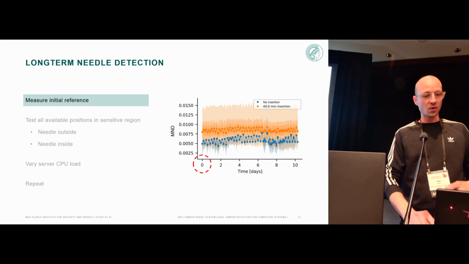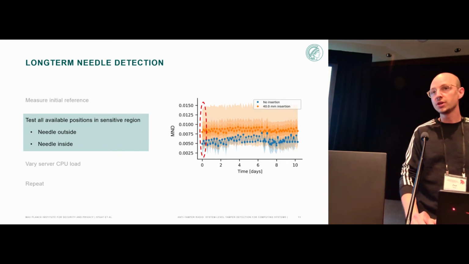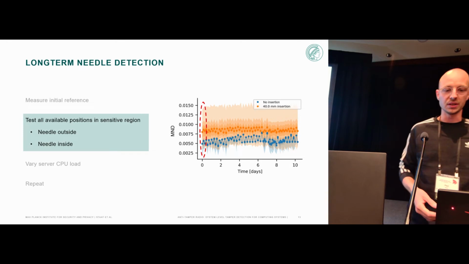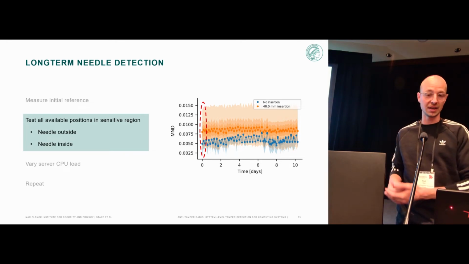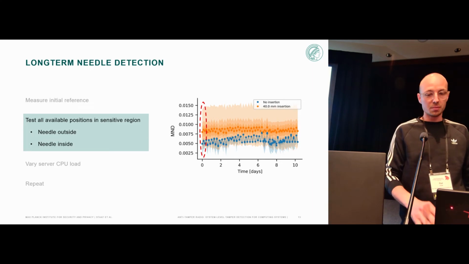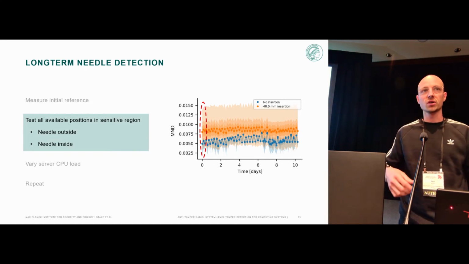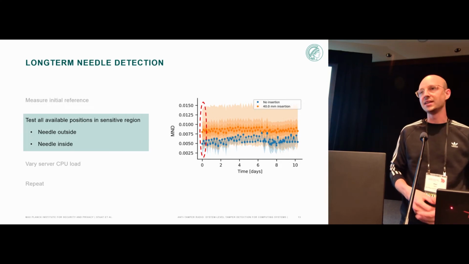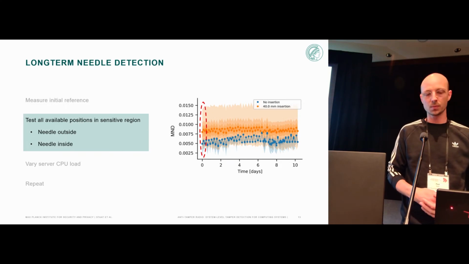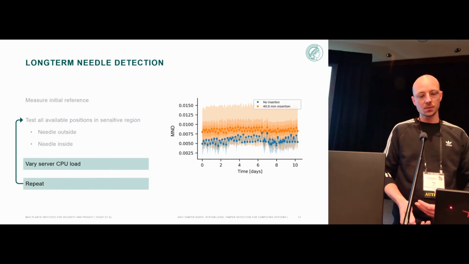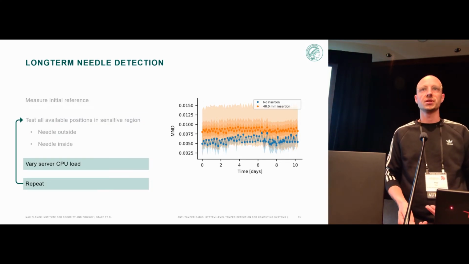Then at all positions of the sensitive region, we gather measurements with the needle being outside and with the needle being inside. Each point in the plot shows the median of the MND across the sensitive region, and the color grading indicates the distribution of the MND. Then we vary the CPU load and repeat the entire process.